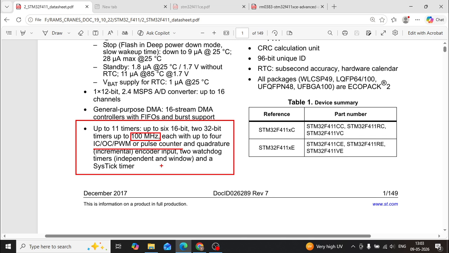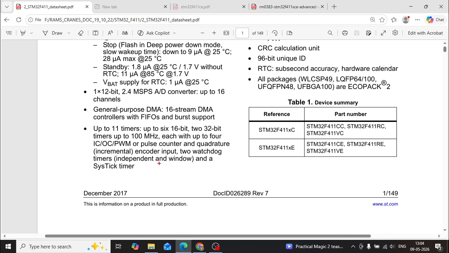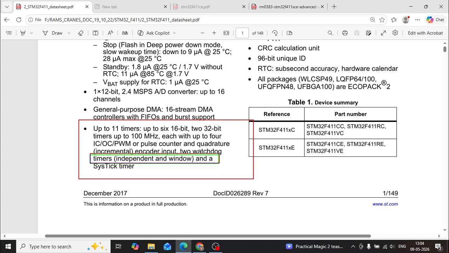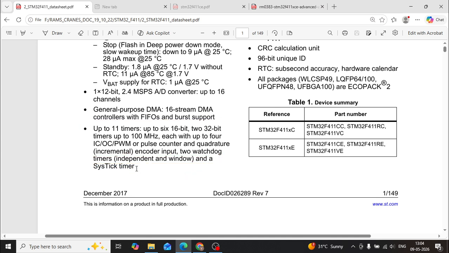Along with that, we have two Watchdog timers: an independent Watchdog timer and a window Watchdog timer. And also we have a system timer, called the SysTick timer. This is all about the timers section.